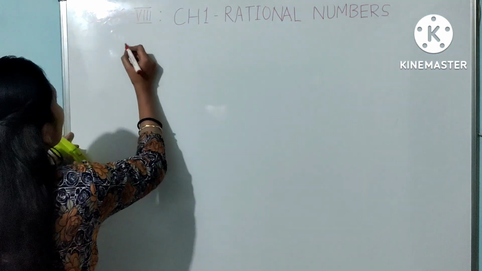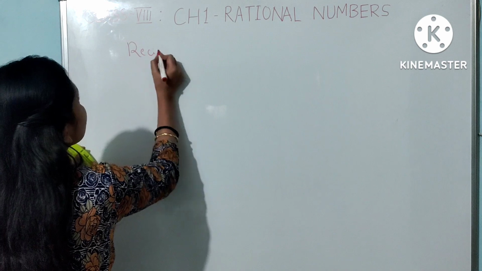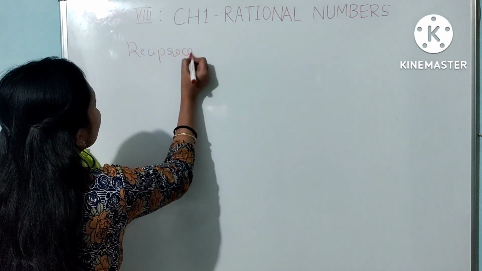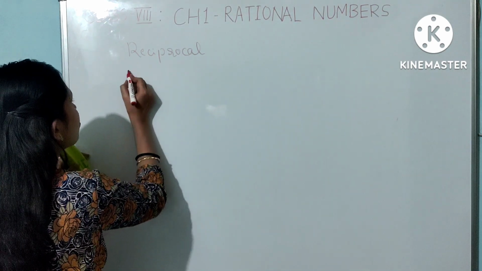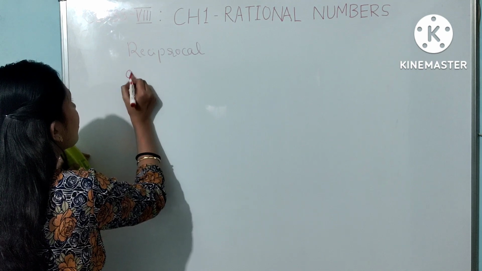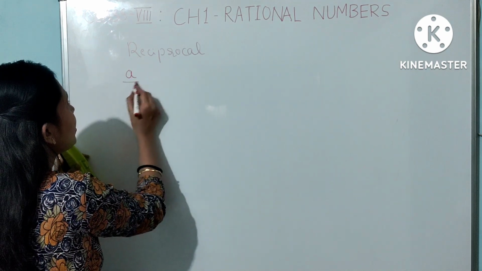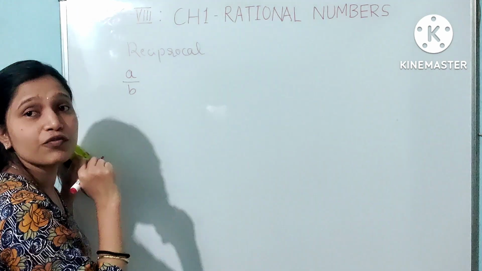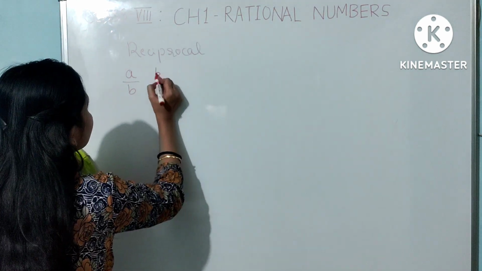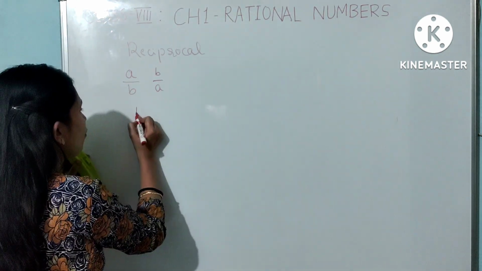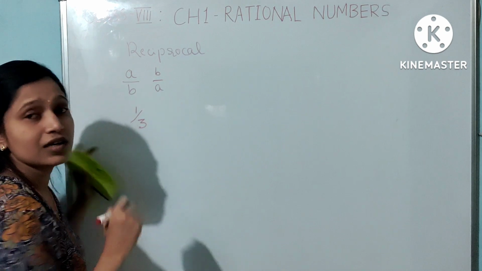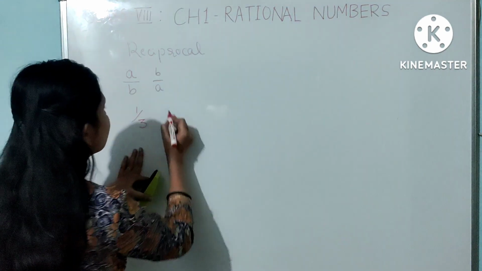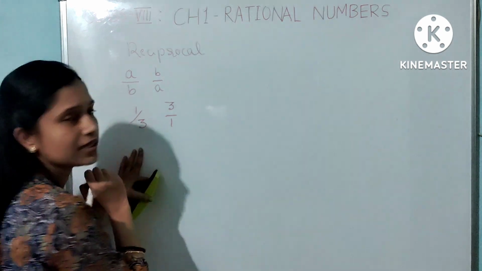Next one is the reciprocal. Let's say a by b. What is the reciprocal of a by b? Yes, it's b by a. So 1 by 3: what is the reciprocal of 1 by 3? 3 by 1. Yes.